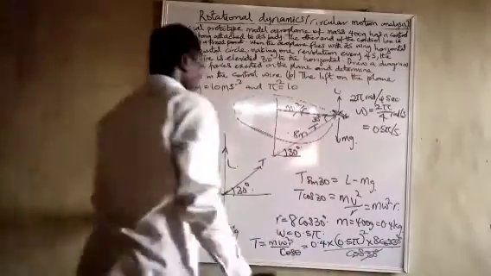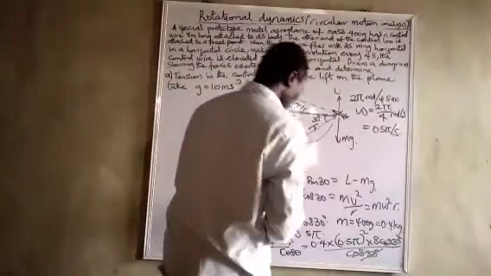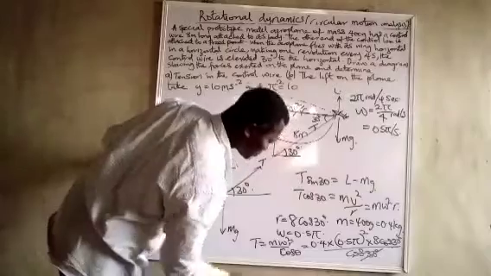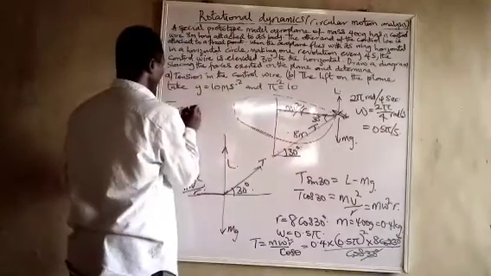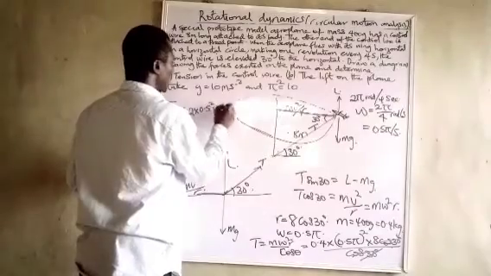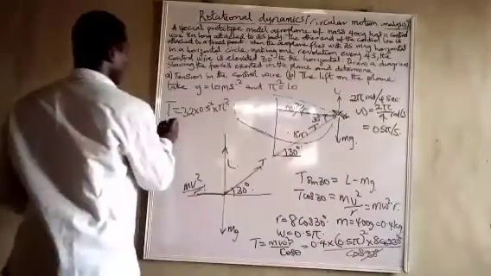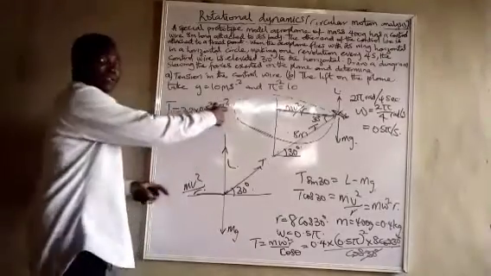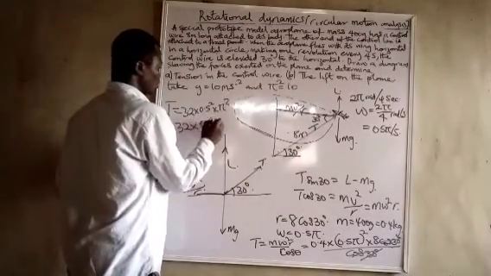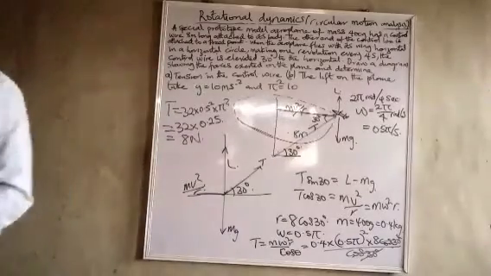Therefore, T will be equal to 3.2 times 0.5 squared times pi squared. We have been told that pi squared is 10. So we are going to have 32 times 0.25, which is 8 Newton. So our T is 8 Newton.